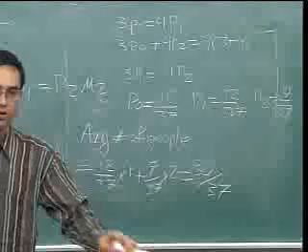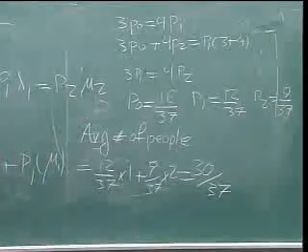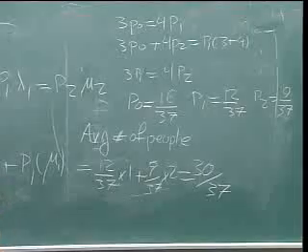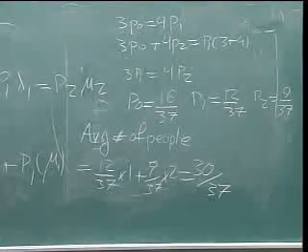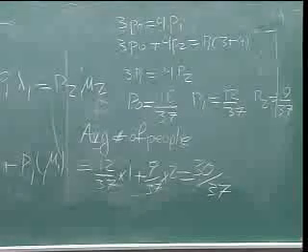So that's the average number of people in the system, which is less than 1. It need not be less than 1. It can be more than 1, so it just depends on how you work.